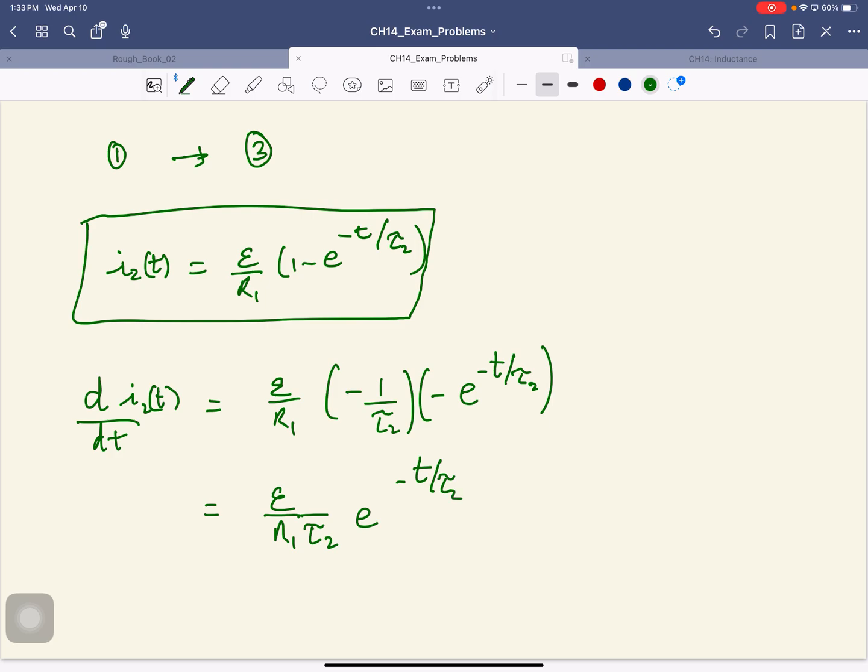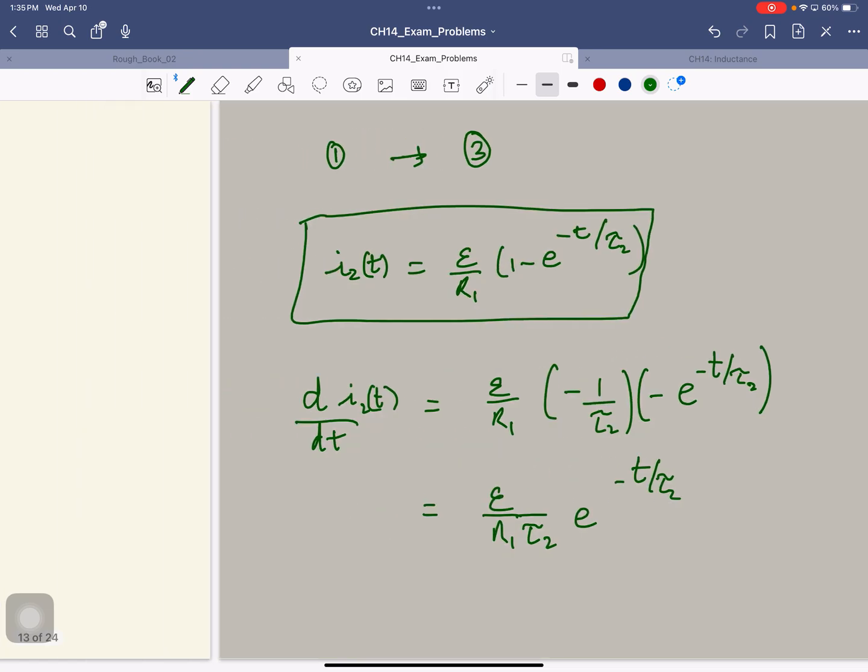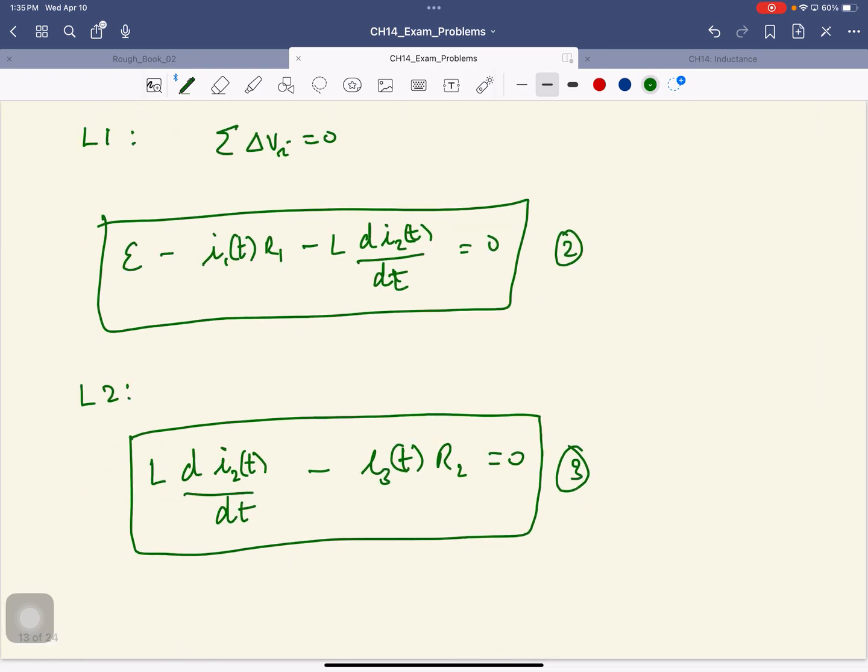There's the derivative, and we're going to substitute that into this equation.